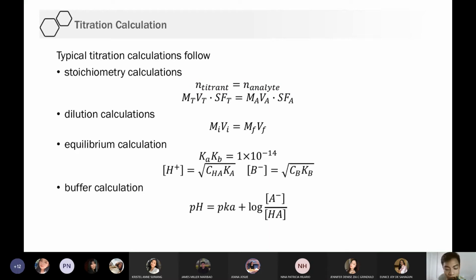So, alam nyo na to. Gen Chem pa lang, ginagawa nyo na yan nung senior high school. Dilution, alam na natin yan. Chapter 1 yan. Equilibrium, nagsawa na kayo dyan last chapter. And then lastly, buffer calculation. Na-discuss na din to last chapter. So basically, pagsasama-samahin lang natin lahat ng knowledge last time in order to do titration calculation. Okay?